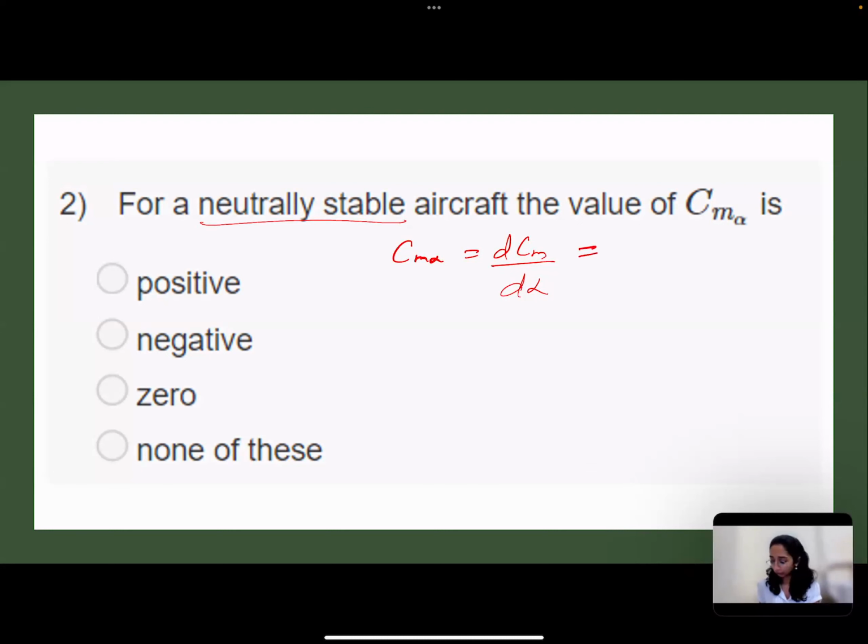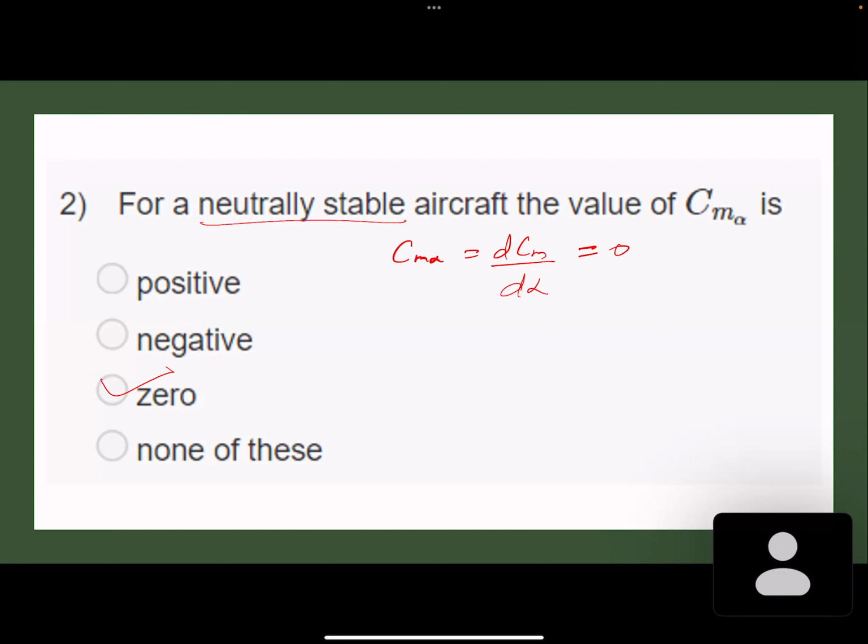Exactly. What should it be for a statically stable aircraft? Negative. Yes, exactly. It should be negative.